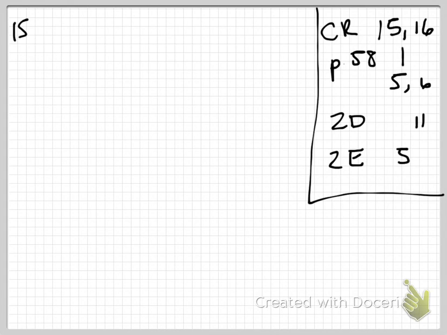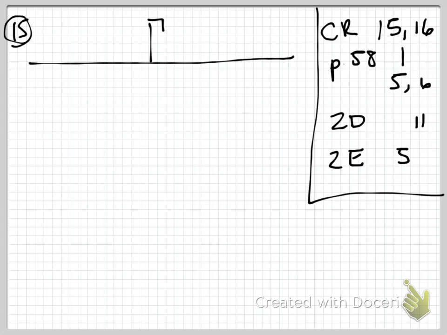This is number 15 from the chapter review, and we are told that we have 2 runners and a flagpole. Like I said, always draw the situation. These people run in a very odd manner, but that's what you get.